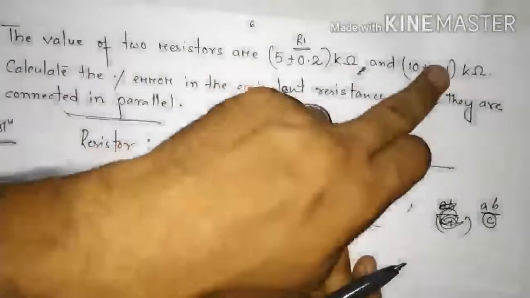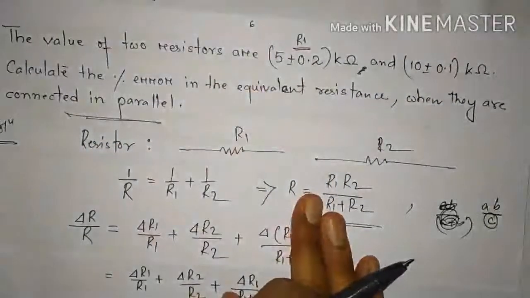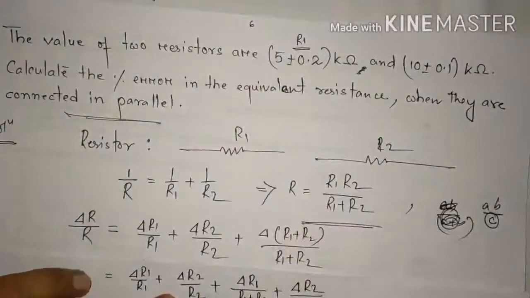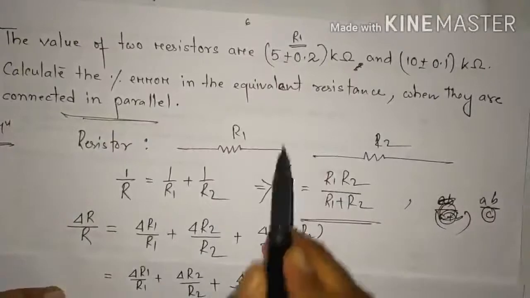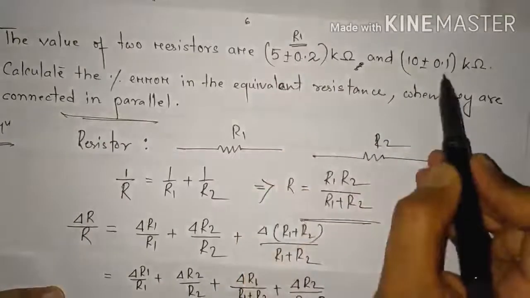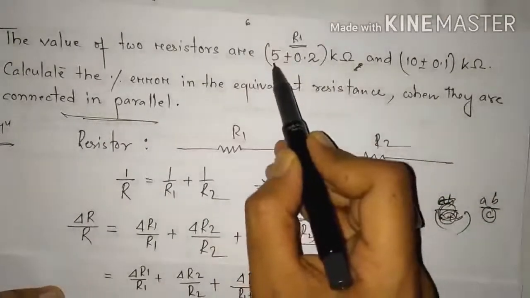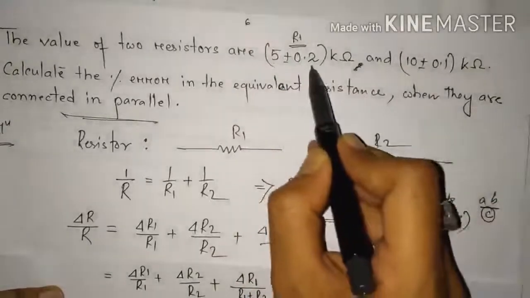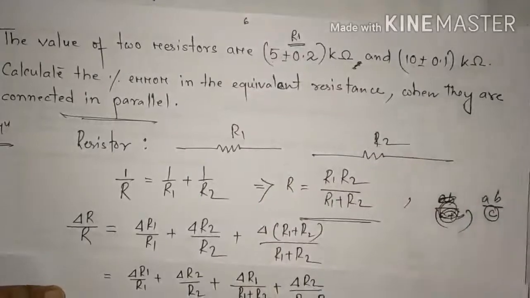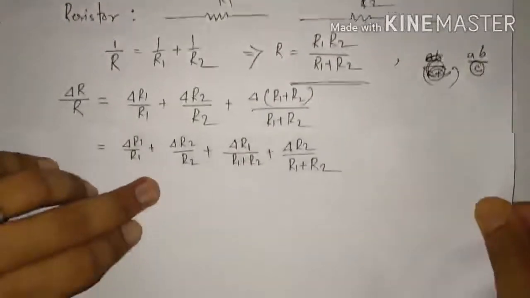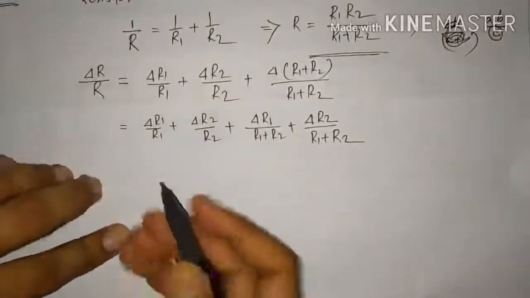You can even consider this is R1, this is R2. There is no problem. The choice of R1, R2 is arbitrary. So let us consider that R1 is 5, R2 is 10, delta R1 is 0.2, delta R2 is 0.1. It is up to us to consider R1 and R2 and all that.